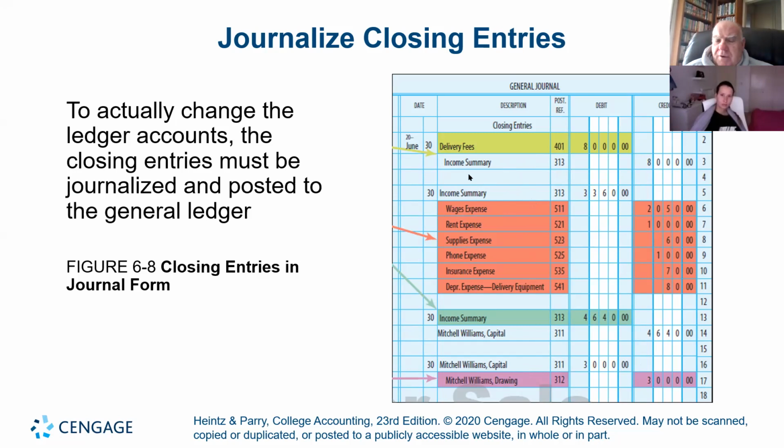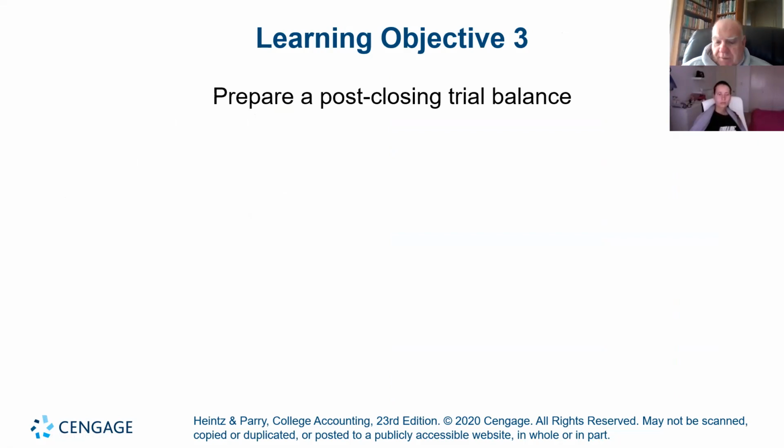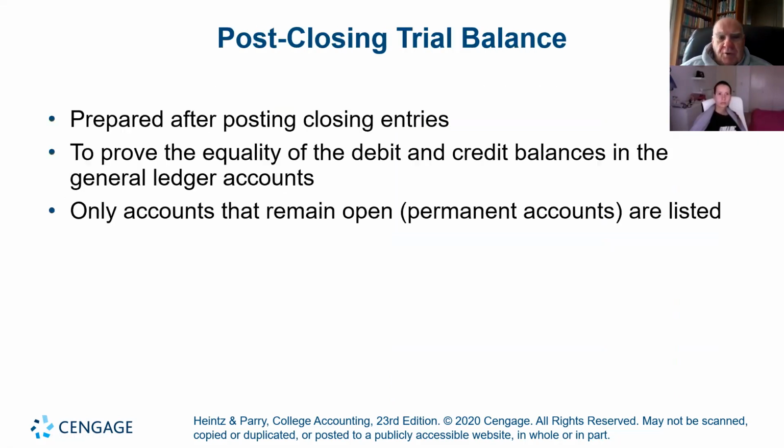Okay, so at this point, we have no more revenues on the general ledger. We have no more expenses on the general ledger, and thus no more profit on the general ledger. So there's one last thing we will do, and that is prepare what's called a post-closing trial balance. It's prepared after we close.